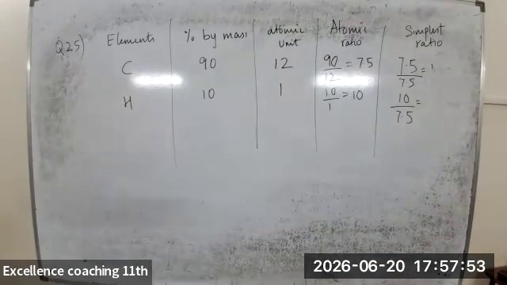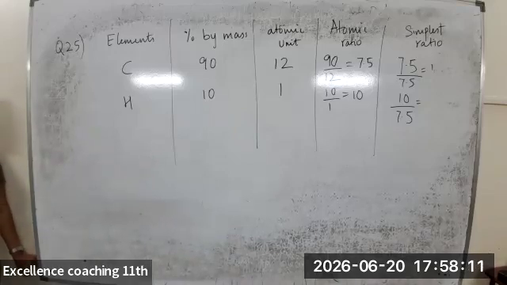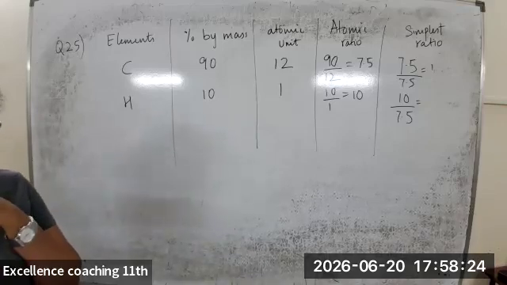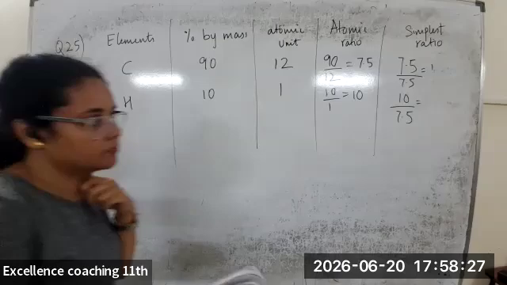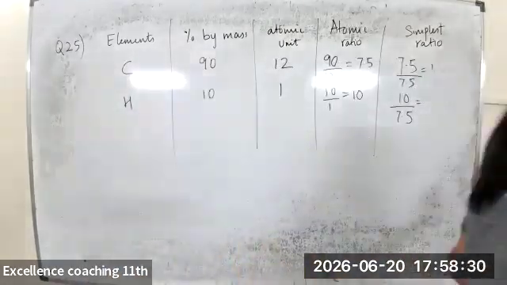Basically, the molecular formula which you get, that is your organic compound. 10 upon 7.5 is something like 1.3 you are getting.